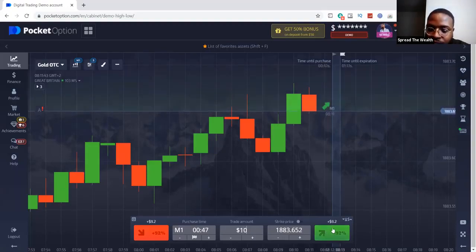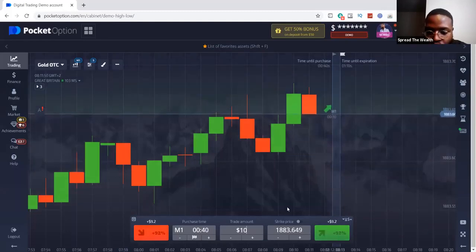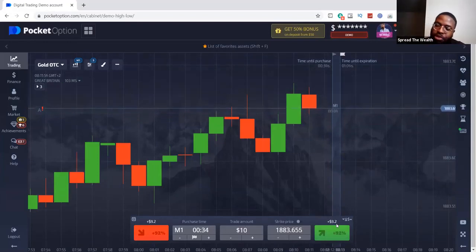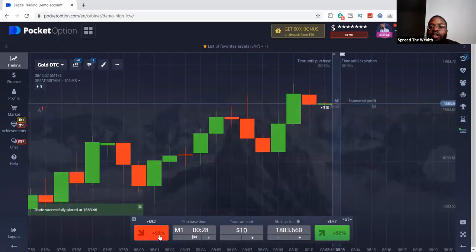As you guys can see, where it says the buy, the green button, and the red sell button, it tells you the percentage that pair is specifically paying out, and exactly how much you're going to be paid out on top of what you put down. If I'm looking to get in for a sell, boom, I will click the sell button.